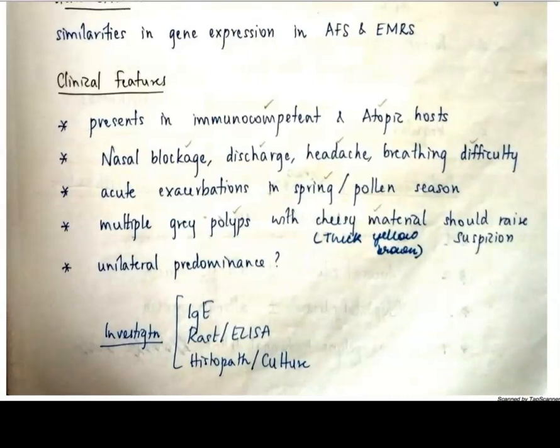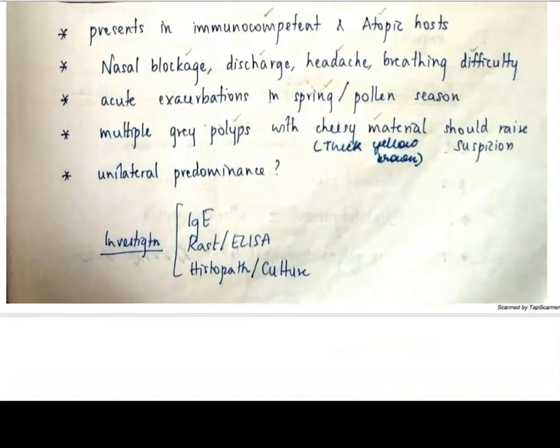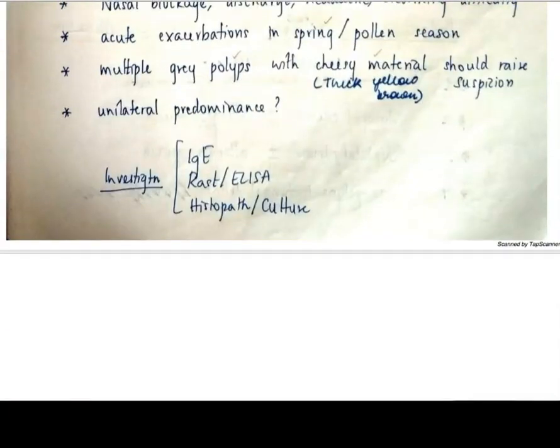Then this is important: there will be multiple gray polyps with cheesy material which will be thick yellow-brown. That should raise your suspicion for allergic fungal rhinosinusitis. Some books say that it has unilateral predominance, but otherwise it can have both unilateral and bilateral predominance.